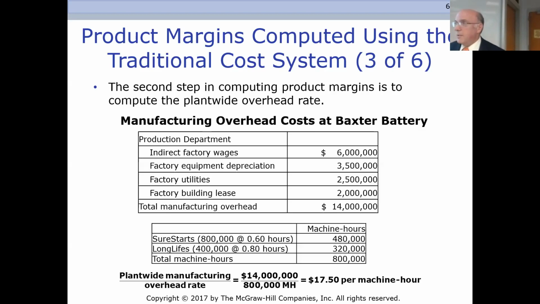Well, another question is, is it relevant whether it's fixed or variable? If it's traceable, it would be traceable if it's variable, wouldn't it? The more hours you use a machine, the more the machine cost is. That would make it a variable cost, and it's traceable to a particular product.